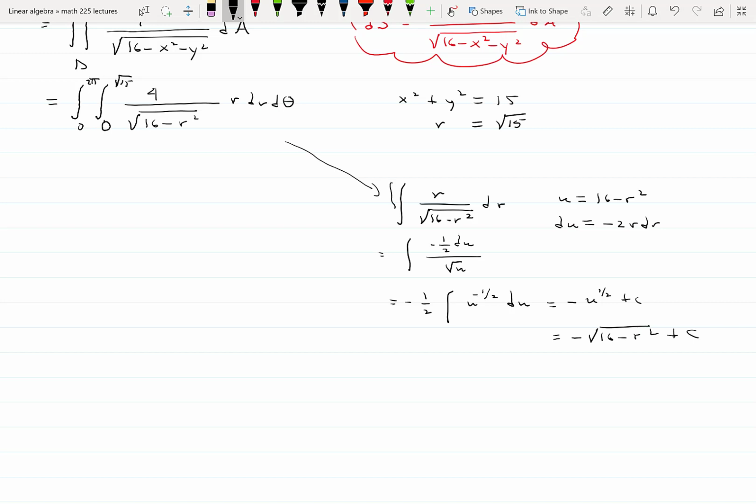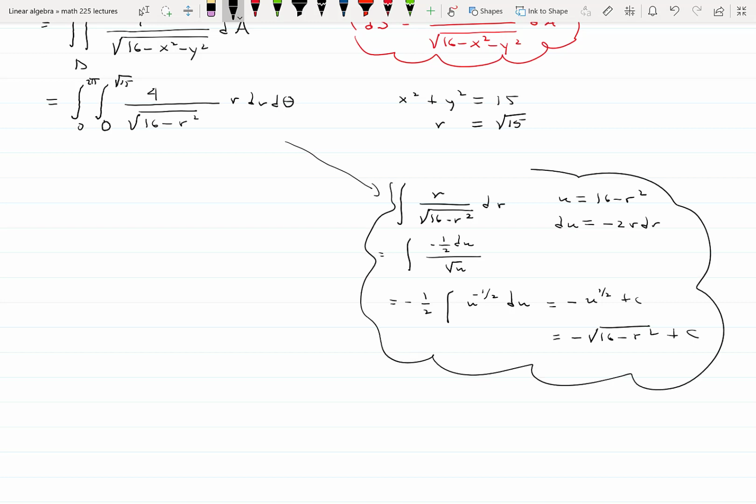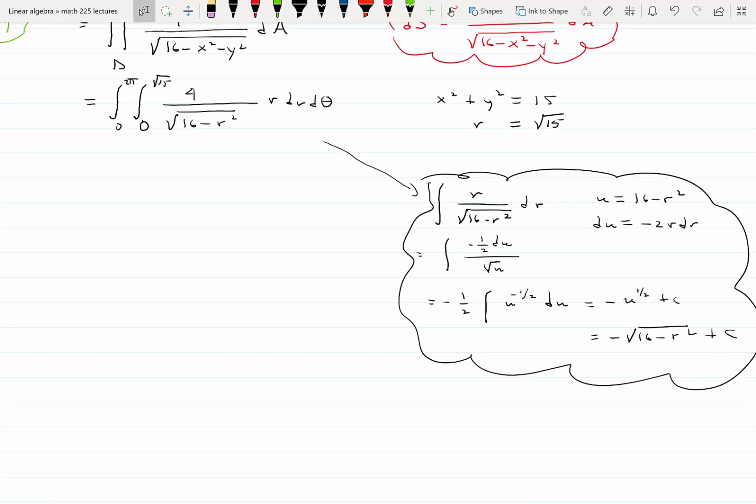So there's the off to the side integration, the antiderivative of the innermost integral. So we have the integral from 0 to 2 pi, and the fundamental theorem says we bring our integration work in without the constant of integration. This is as r goes from 0 to radical 15. Then we integrate that with respect to theta afterwards.